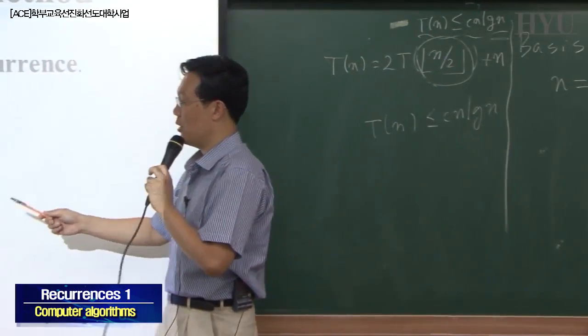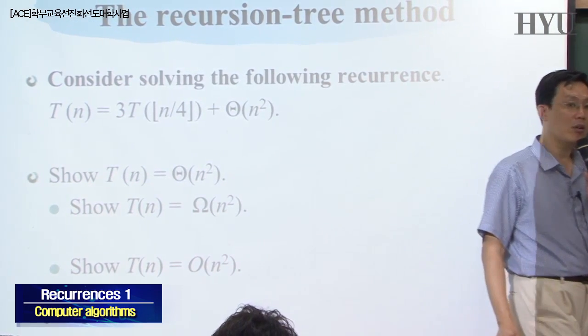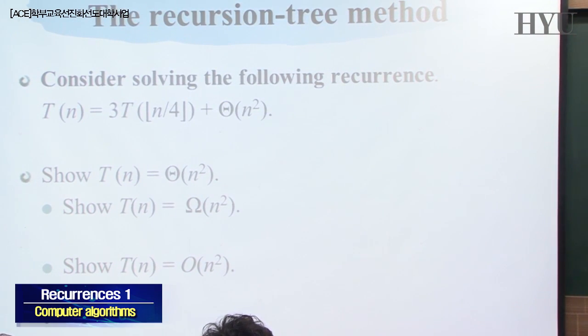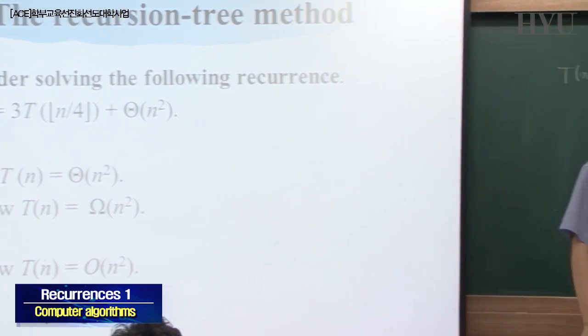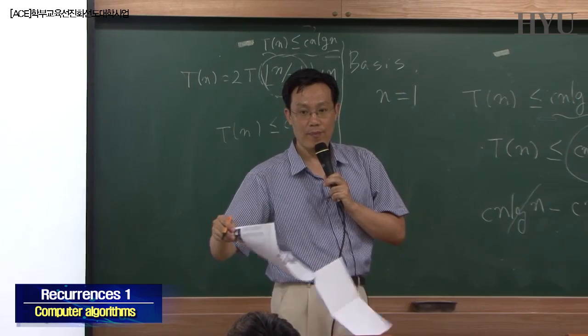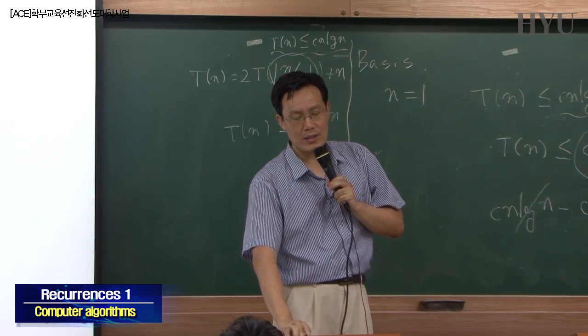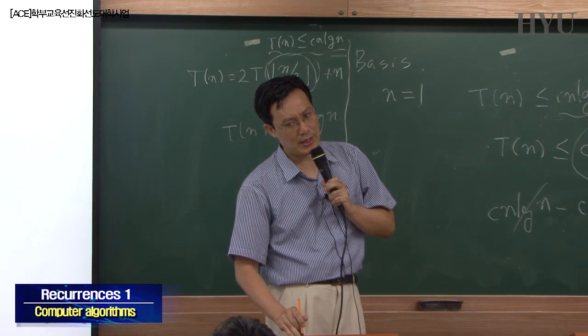Okay, then what is the meaning of this? T of n is big O of n squared. N is smaller than n squared.